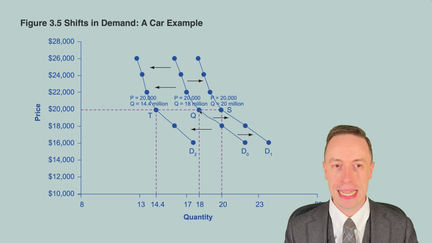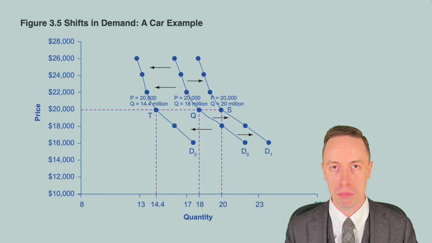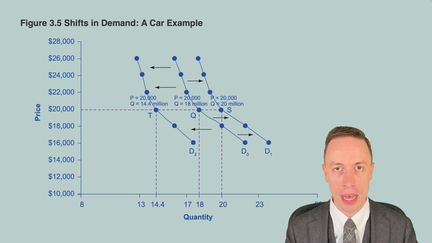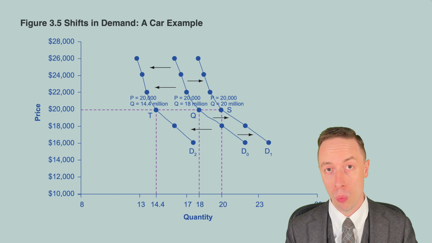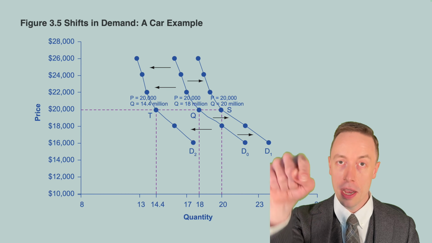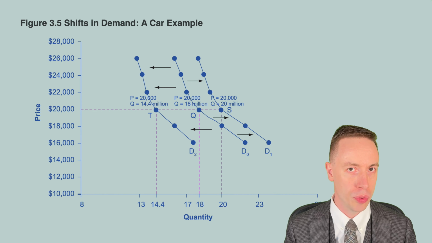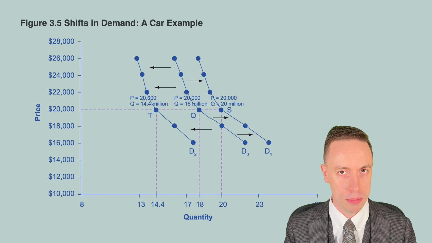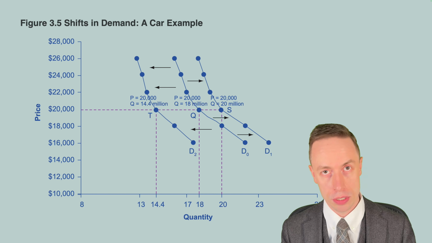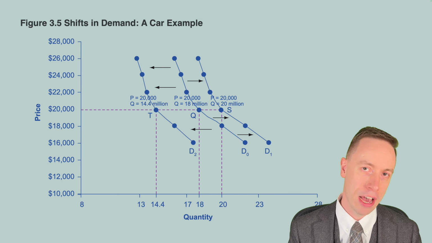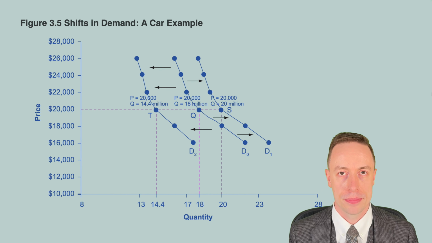Likewise, in economics, less is going to be represented by a leftward shift, since less on the x-axis moves us to the left. It's quite possible you've spent a lifetime looking at graphs where up is more and down is less. So it might take you a minute to get used to the idea that in the model of demand and supply, right is more and left is less.